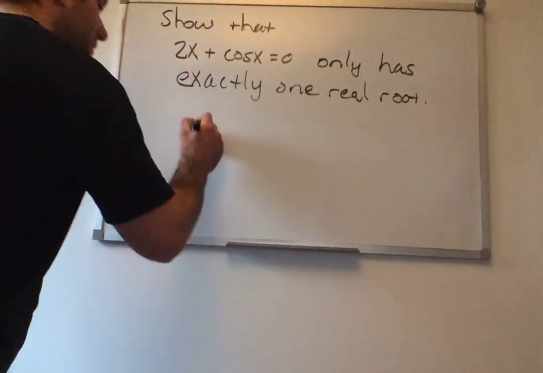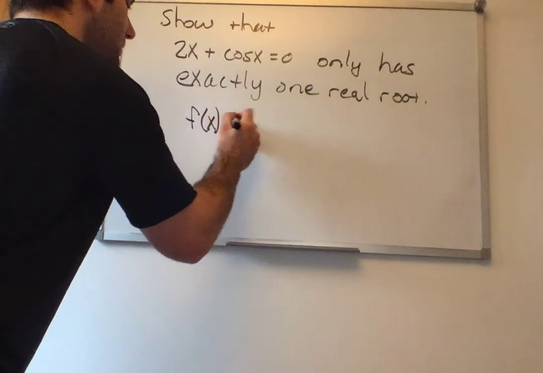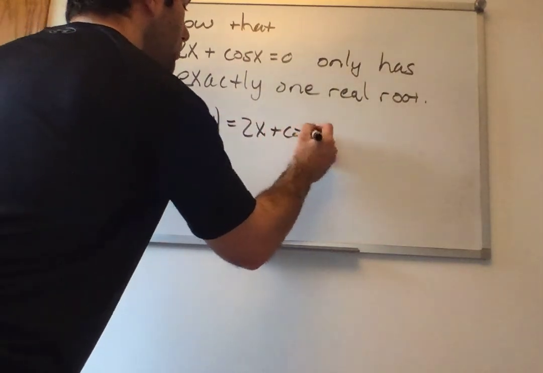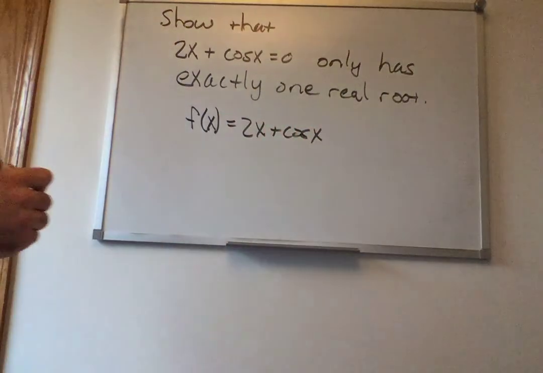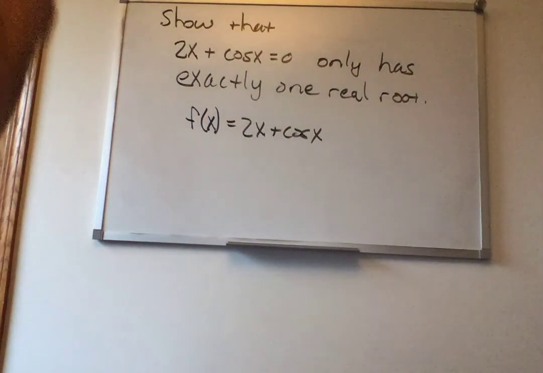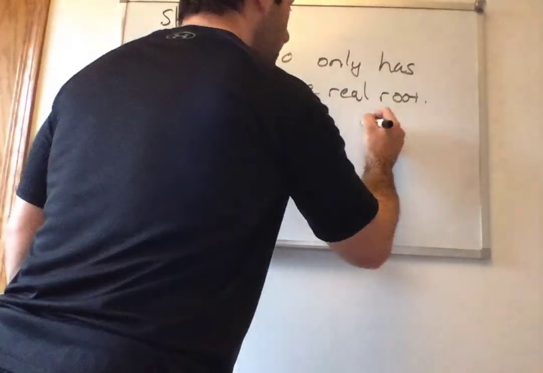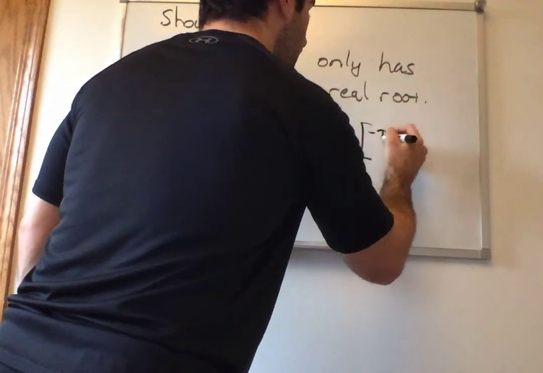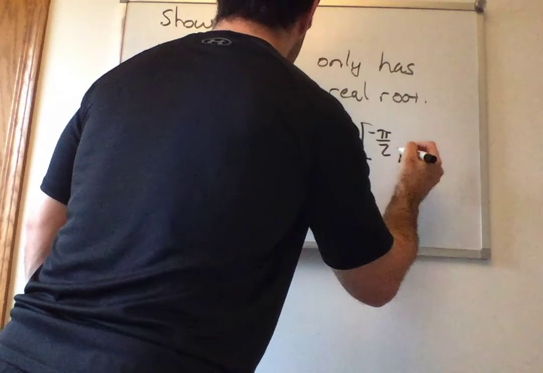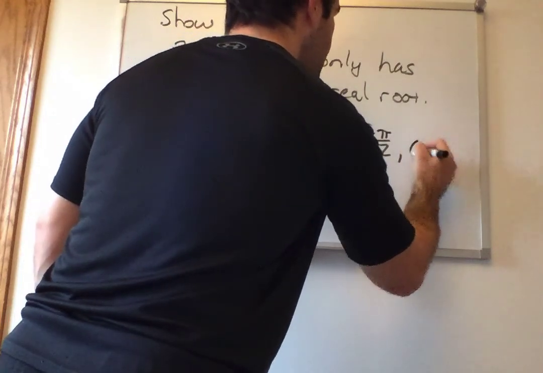So let's call this function f of x is equal to 2x plus cosine x. Alright, now let's look at this interval negative pi over 2 to 0.